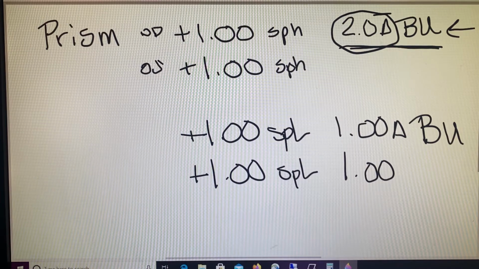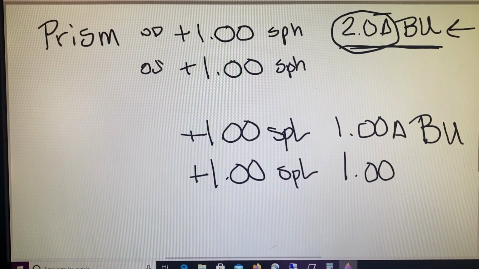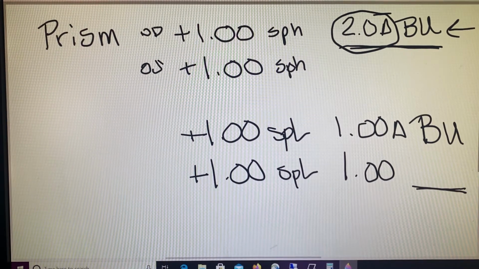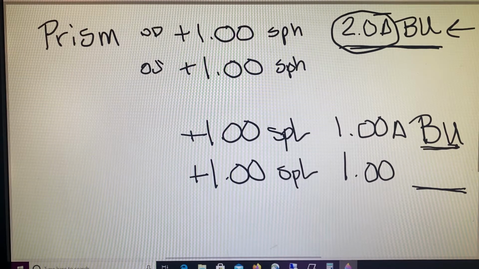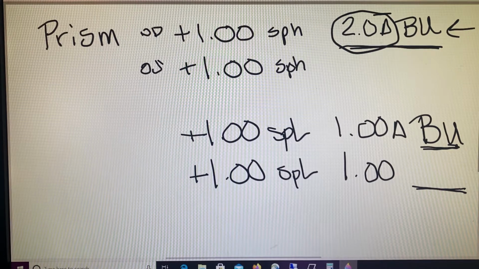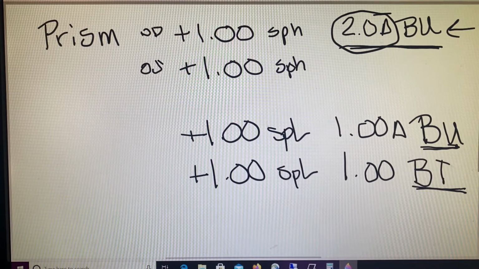And in order to create compounding Prism, which is what we're doing here, we need the left eye's base direction to be the compounding version to base up. So base up and then base down are the compounding combination.